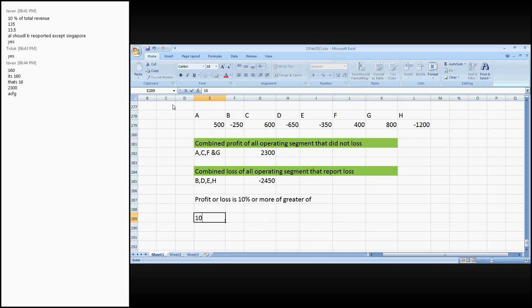I'll take 10% of what? 2,300 and also 2,450 for negative numbers. So what will I take in this case? 10% of what will I take? 2,300 or 2,450? Someone says 2,450. Manish and Trilok, do we agree? Yes.